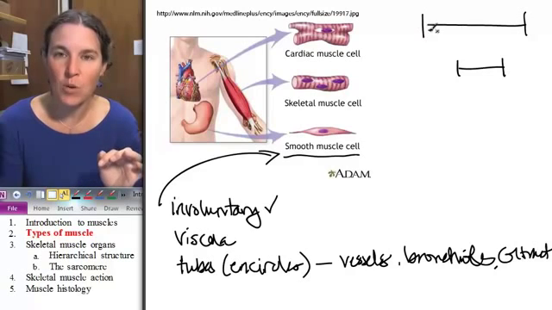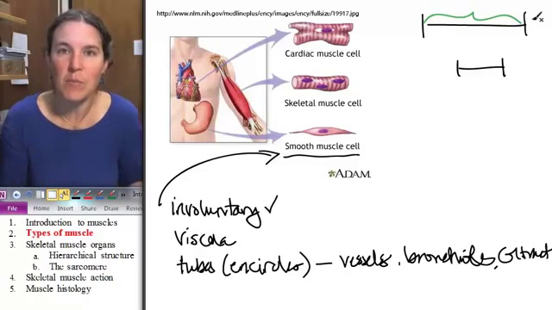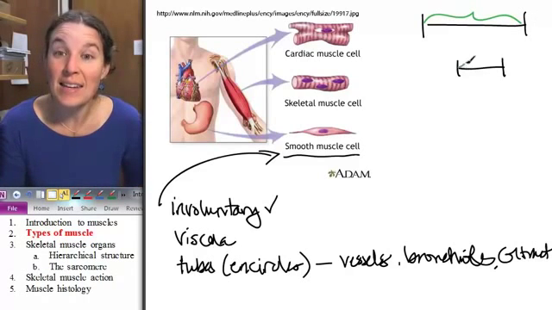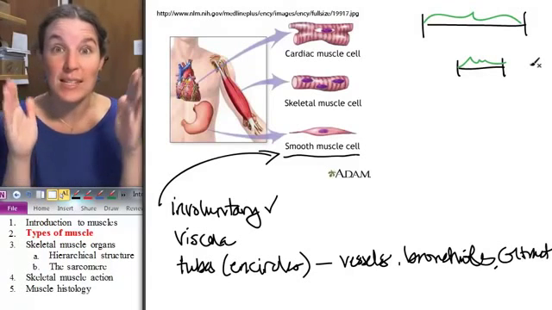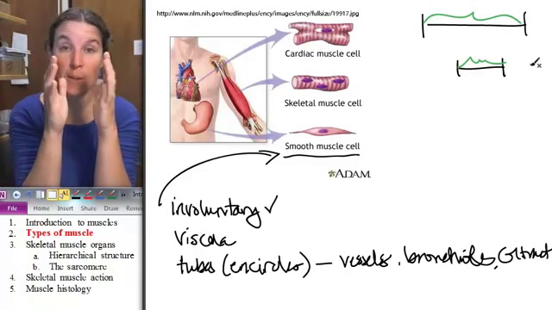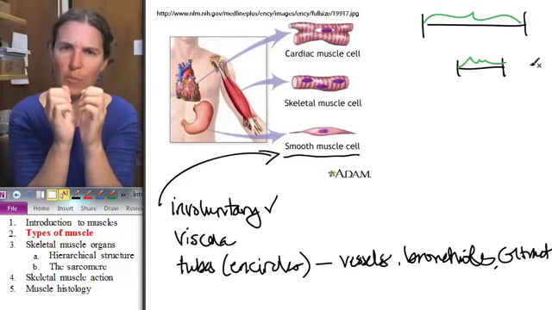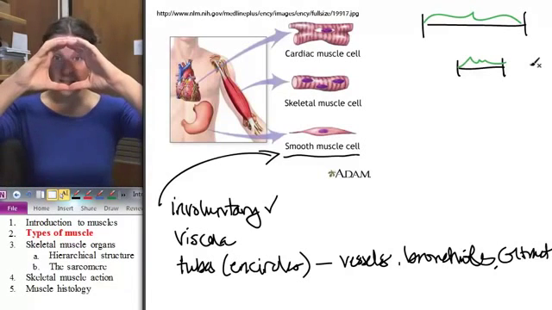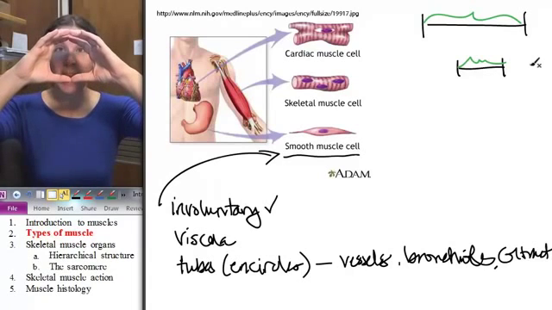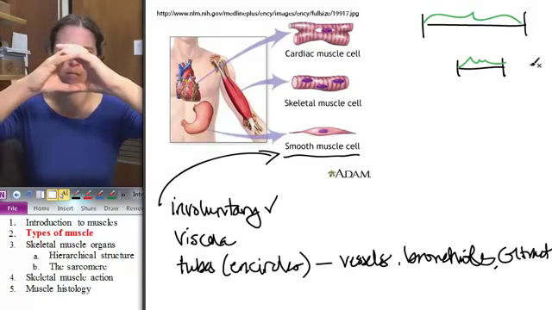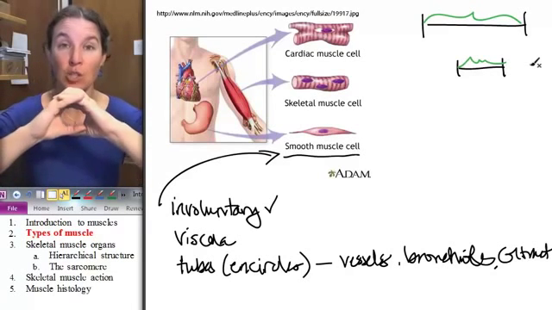If this is my original muscle tissue, if this is the length of a piece of muscle, and then it shortens, you get the idea that as it shortens, it can cause movement. So you can imagine here is smooth muscle surrounding a vessel, and as the muscle shortens, can you see how my muscle is shortening? The diameter of my tube changes.